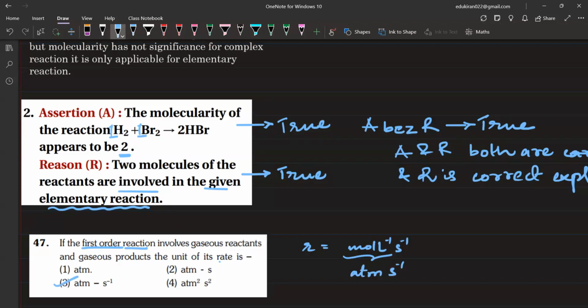Okay, so it is the third one. We were thinking of the rate constant again and again. So for order of reaction, the unit of its rate is asked.